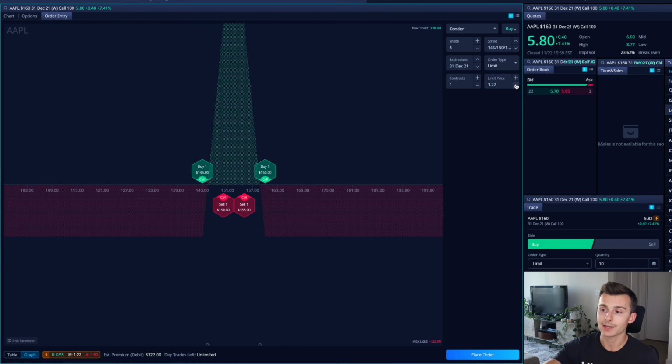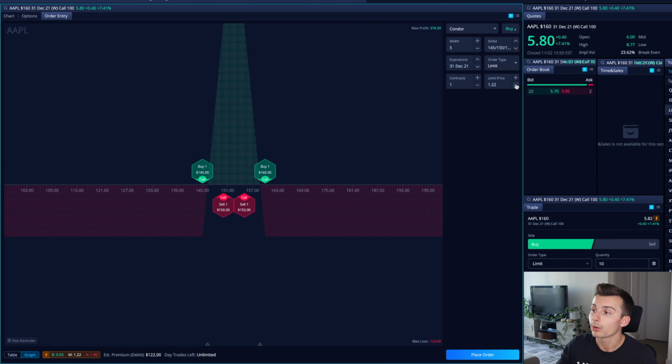Because what you're seeing right here is a limit price that's factoring in you buying 2 contracts and selling 2 contracts. So when that's happening, you're kind of all over the place. You have to worry about getting in at a certain price on all these contracts. So what Webull is doing is trying to get you the best price across all of them. It's going to say, hey, across all of these contracts, roughly speaking, here's your limit price that we can get you right now. It may not be the best price, so you have to understand that.